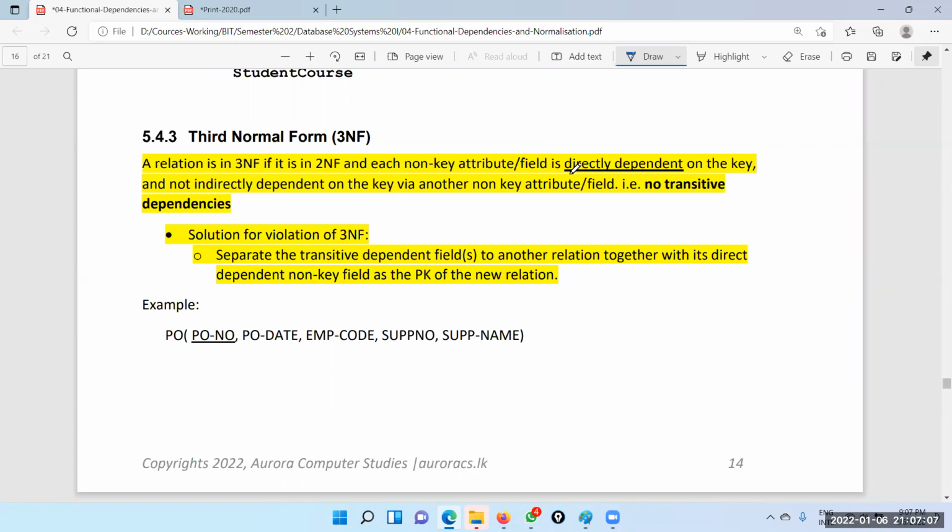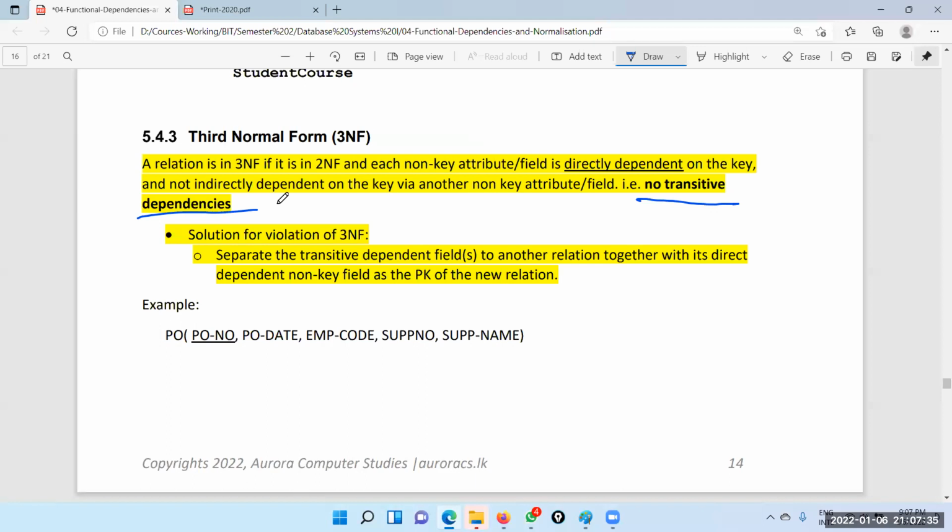So third normal form says your non-key values must be directly related to the primary key, not transitively or indirectly related to another one. Okay, it's very easy. So in short, no transitive dependencies.